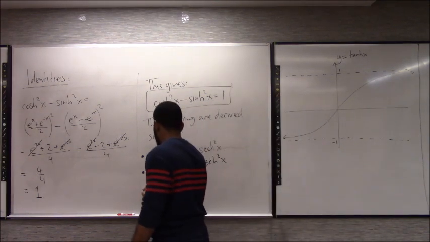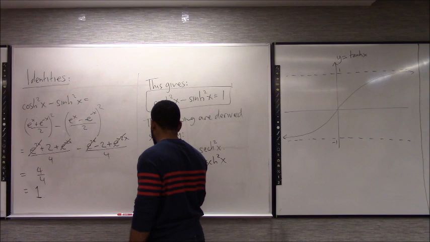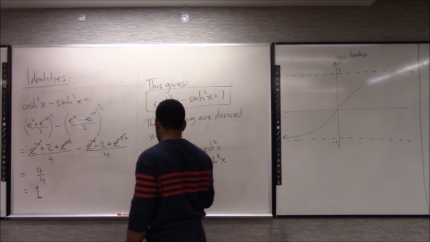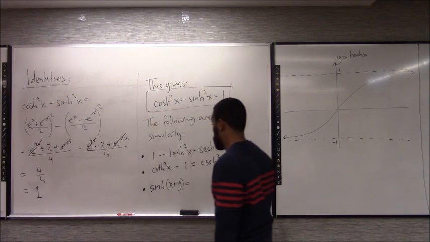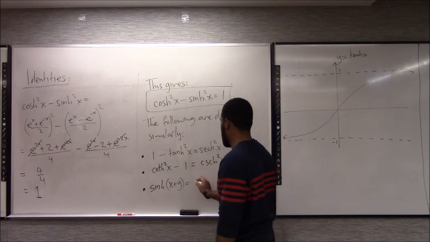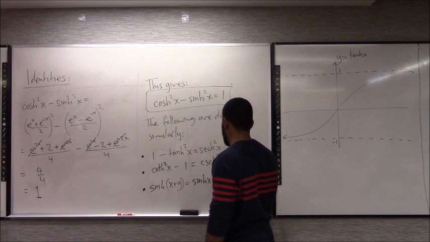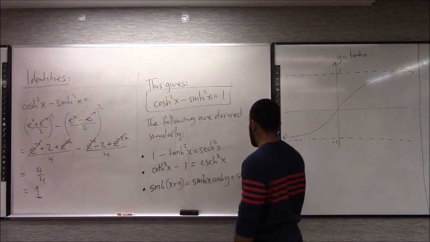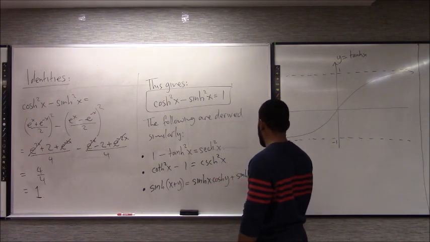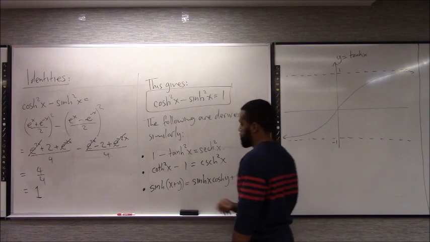It turns out that they also have addition formulas, so if you look at the sinh of say x plus y, it's going to look very similar to the sine of x plus y. It's sinh x cosh y plus sinh y cosh x.